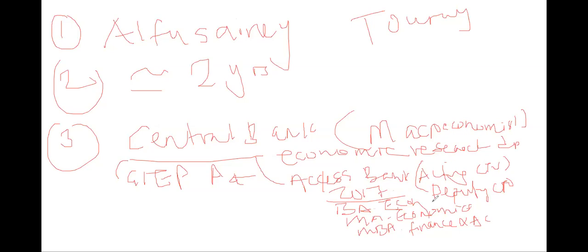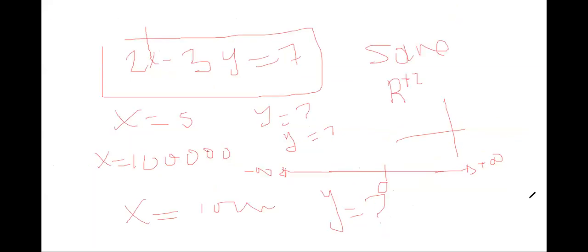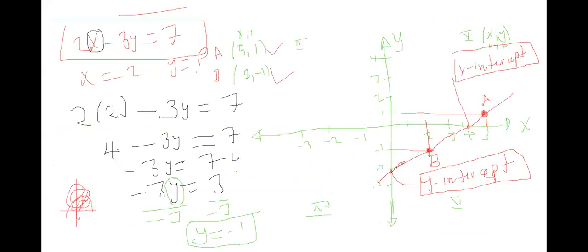There are many ways to graph a linear equation, but I deliberately ignored it. So this is the y-intercept, and we have the x-intercept here. We haven't calculated it yet. The x-intercept is telling us that if y equals 0, what will be the value of x? The y-intercept means: if x equals 0, what will be the value of y?